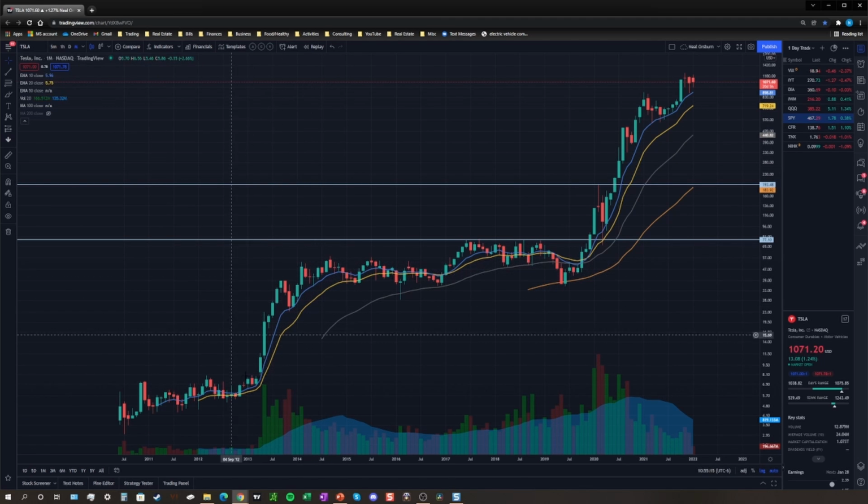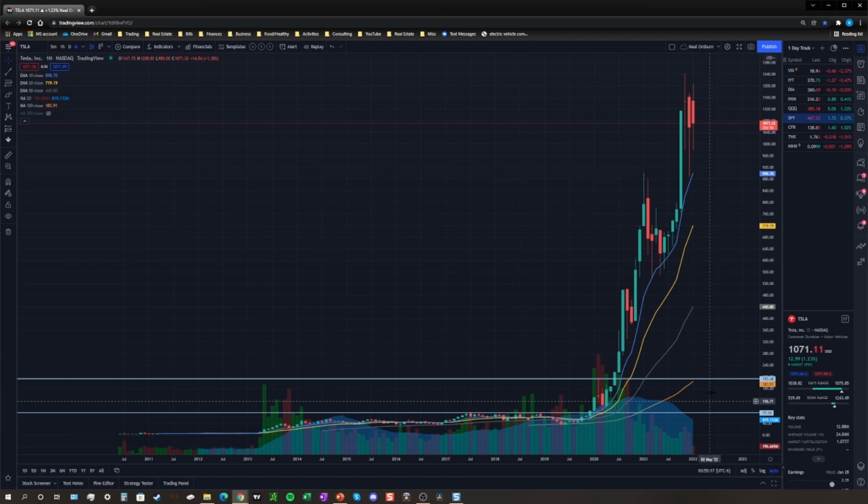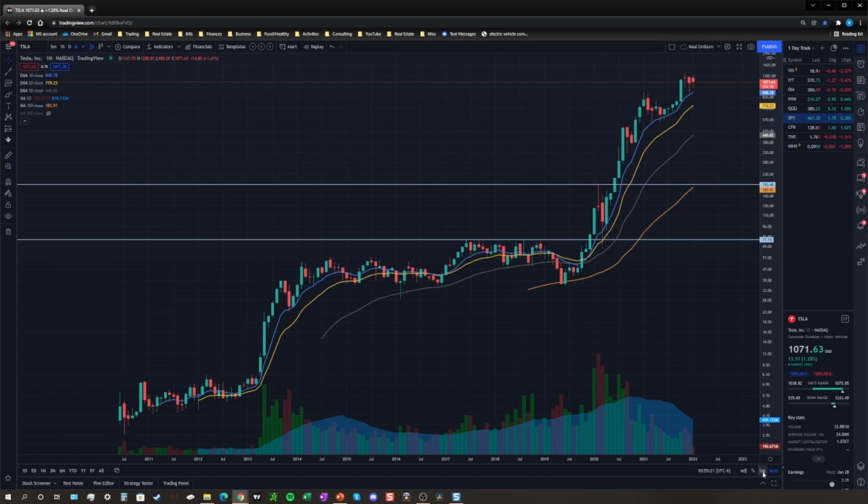The move it made over here didn't even register, really. So this is why having a logarithmic scale on for stocks over a longer period of time is definitely important, and for stocks that have had great price appreciation, you definitely want to have a logarithmic type scale on to gain that perspective for the longer term.